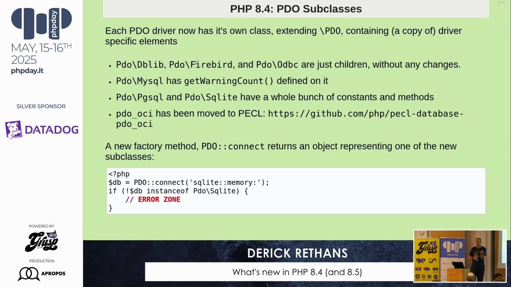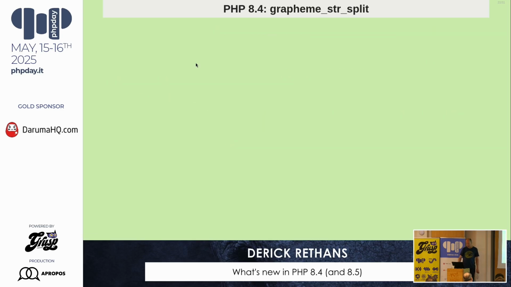You give it your DSN, your connection string, as you did before, and it will automatically return a subclass of PDO that is of the correct subtype, which is kind of nice to have. And if it returns the wrong one, then you can do something with it if you wish. Obviously, this should never happen, but you never know. PDO subclasses are kind of useful.